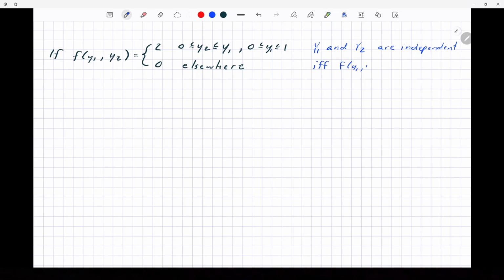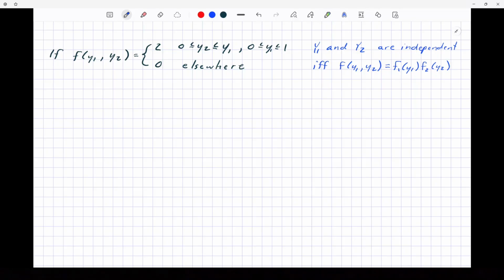The joint probability function of y1 and y2 is equal to the product of the marginal probability functions of each of them. So if we can demonstrate that this is true, we will have shown that they are independent.